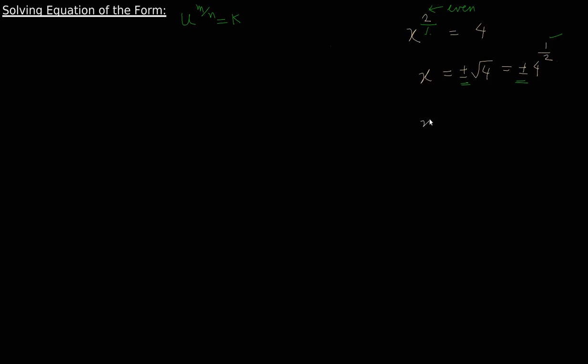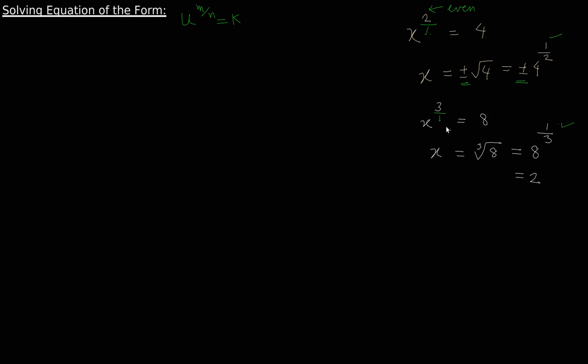When I have x cube equals, let's say, 8, then x is simply going to be the cube root of 8, which equals 8 power 1 over 3, which is 2. One thing to note again: I can have 3 over 1, and as you can see it flipped to 1 over 3.